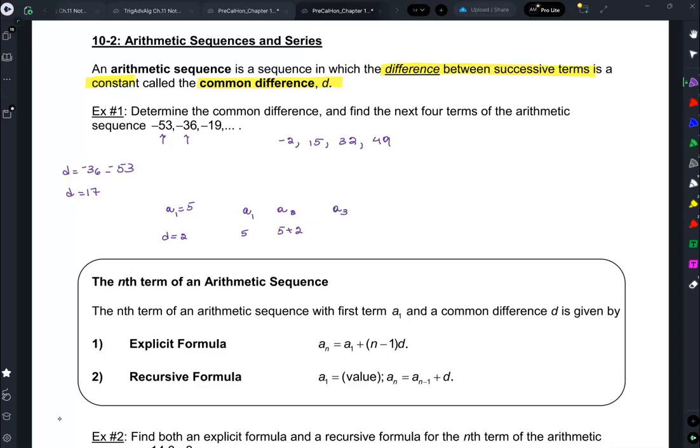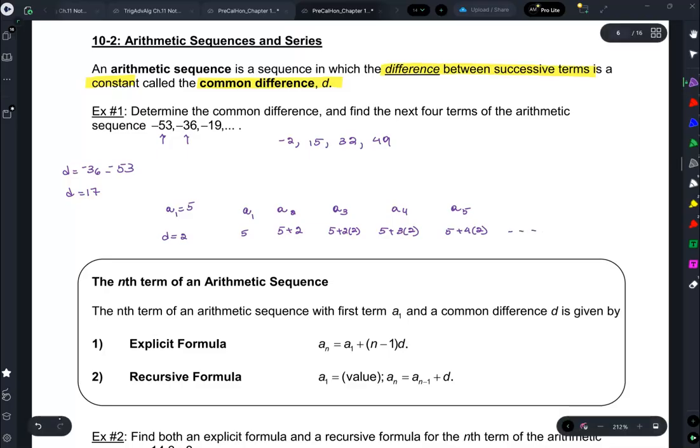A3 would be 5 plus 2 plus 2, so 2 times 2. A4 would be 5 plus 3 times 2. And then A5 would be 5 plus 4 times 2. And then finally, you would get AN.